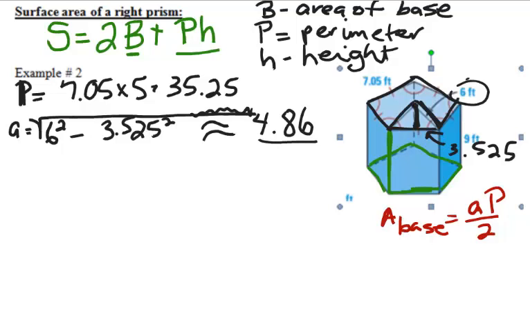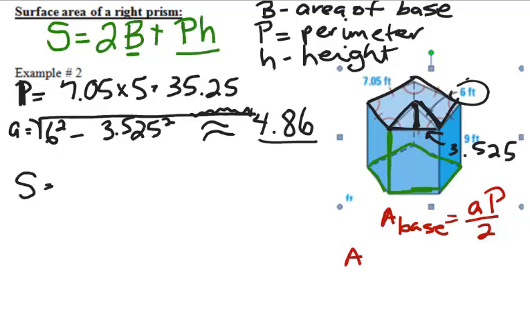We've got a perimeter. And so my surface area for this figure is going to be, okay, now that we're in this part of the formula, let's go find the area of one base of this pentagon, the pentagon shape that is your base.